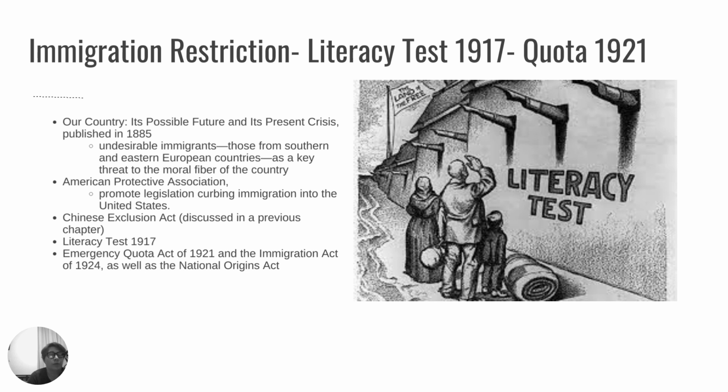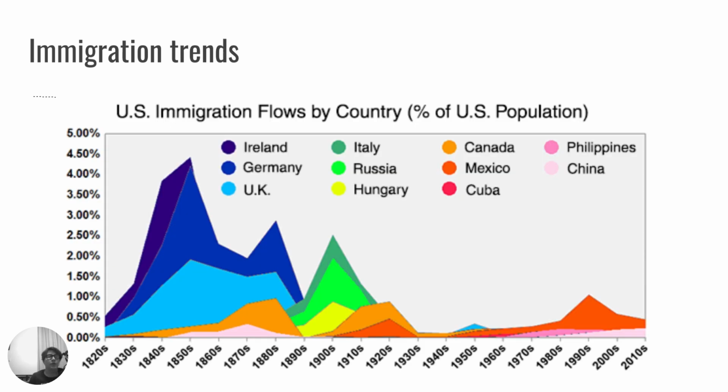We looked before at the first successful limitation on immigration, the Chinese Exclusion Act, but they are going to go further later into having literacy tests in 1917 and the Quota Act of 1921, and then going on to the National Origins Act. It is a successful movement. If you look at immigration rates, they plummet, right?